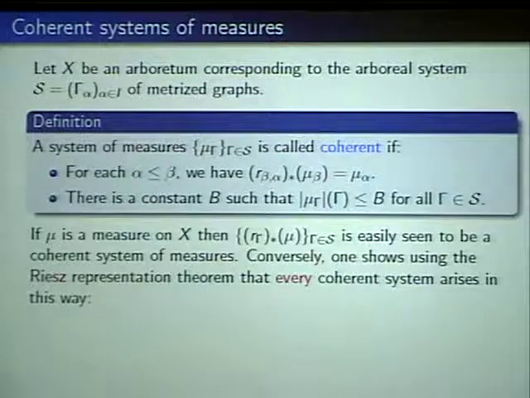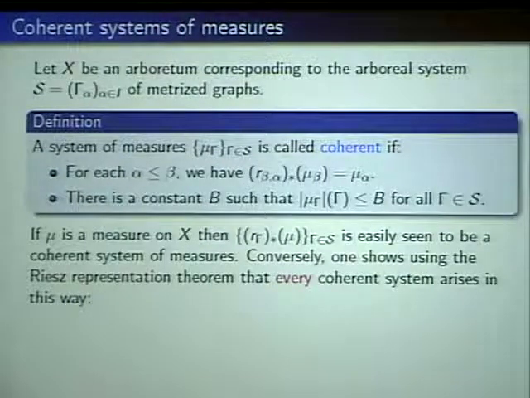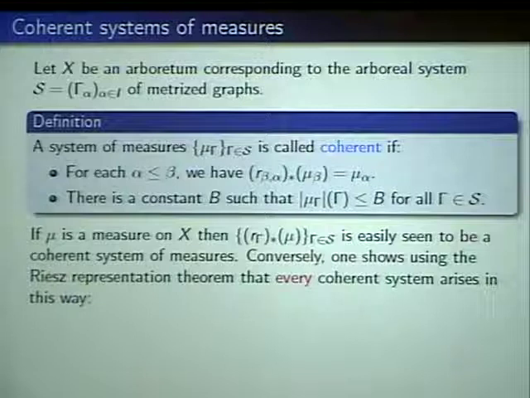So if mu is a measure on X, then it's automatic that when you push forward to each gamma, you get a coherent system. If I started with a measure on the big space, I could get a coherent system just by pushing forward. But conversely, using the Riesz representation theorem, every coherent system actually gives you a measure on the big space.